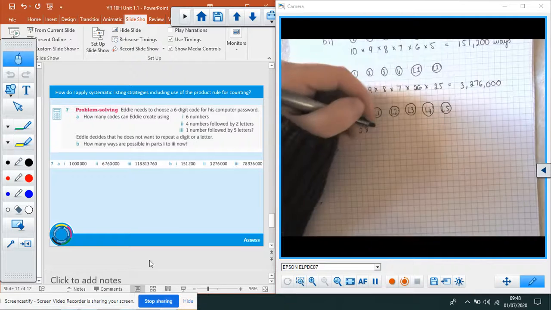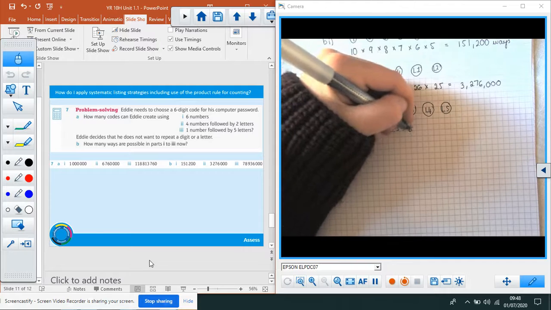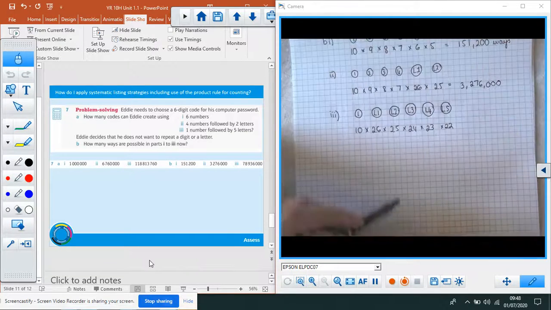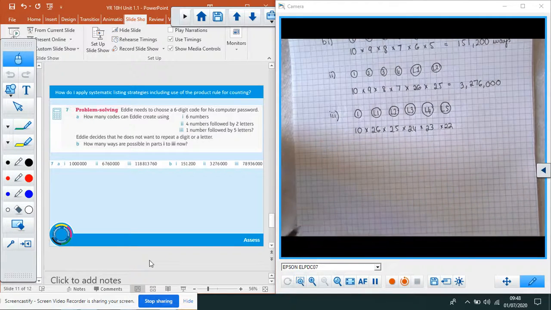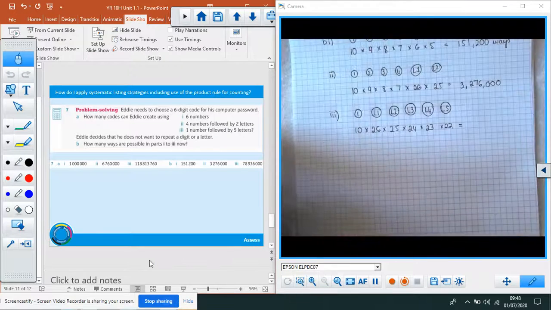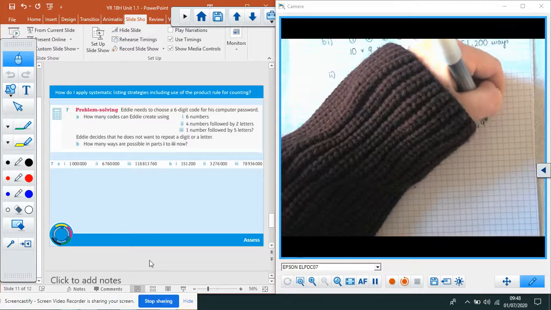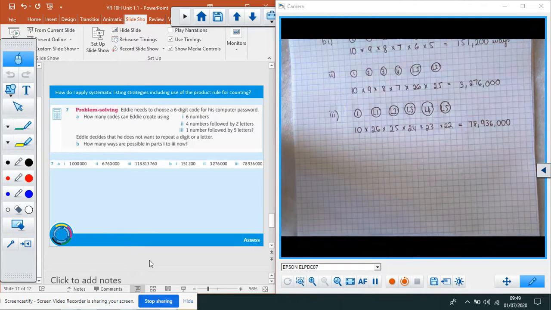Then for the first letter he has 26, and then it's going to descend, then 25, then 24, then 23, then 22, because he can't repeat the letter. So whatever he's picked before, he has that many fewer options for his last letter. Okay, and if you multiply each of those together, you will get 78,936,000. Okay, which is a lot of ways.